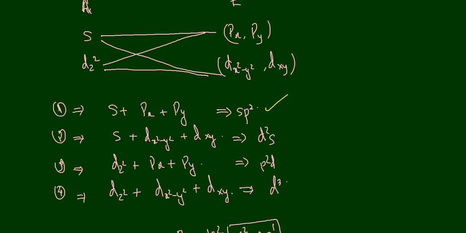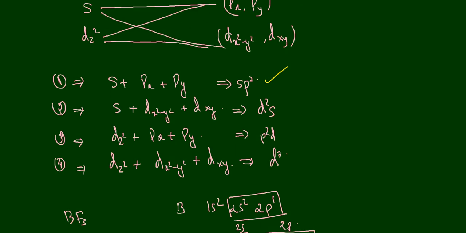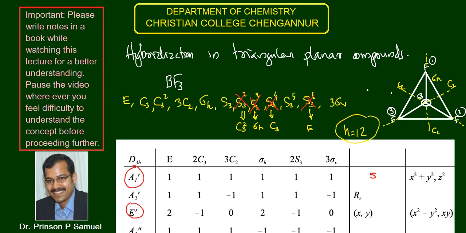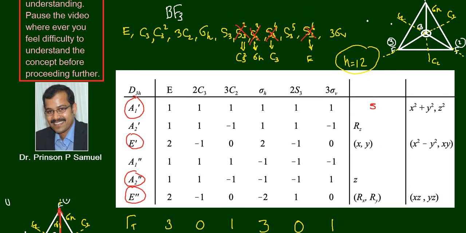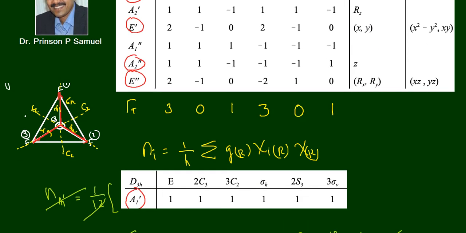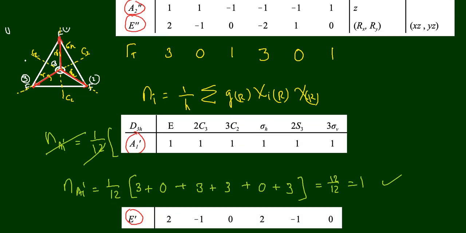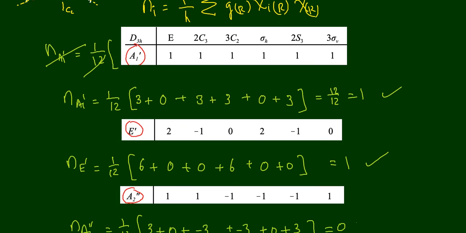So I hope you understood the entire lecture. Here in this lecture, we were talking about the hybridization in trigonal planar compounds, or the compounds belonging to D3h symmetry. I hope you understood the procedure. We constructed the total character, and then we reduced it to irreducible representations by applying the reduction formula.